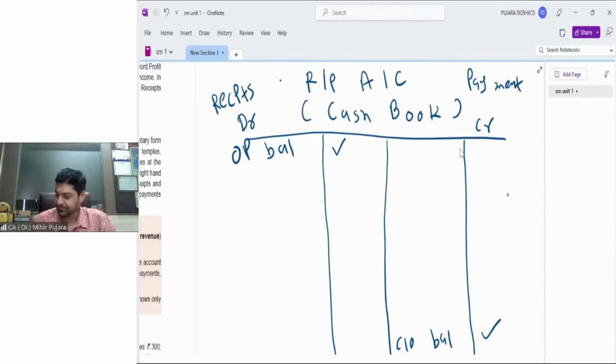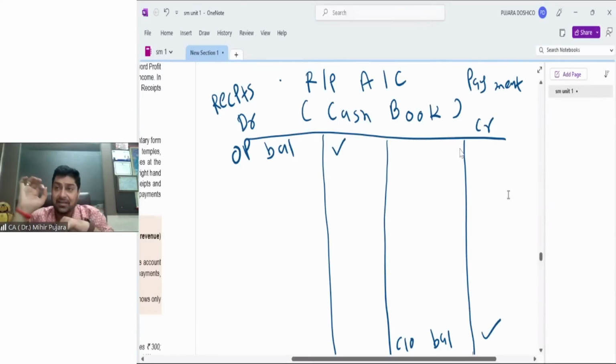Got it, friend? Opening balance is here and closing balance is here.